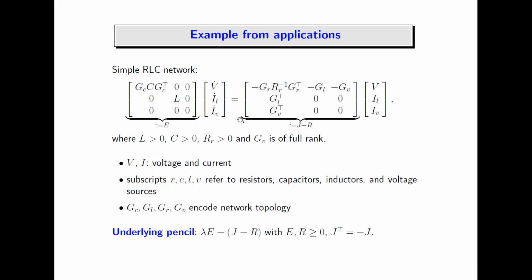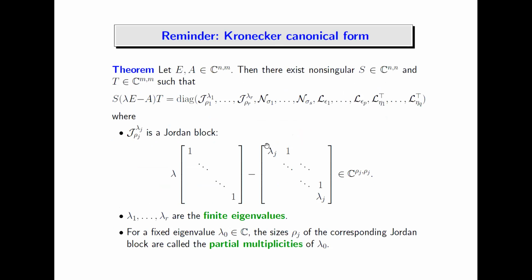So here you have a zero. And here you see that we have a skew symmetric part, but also a positive semi-definite part. Actually, it is a minus R, but the R is positive semi-definite. Okay. And what can we say about these systems?